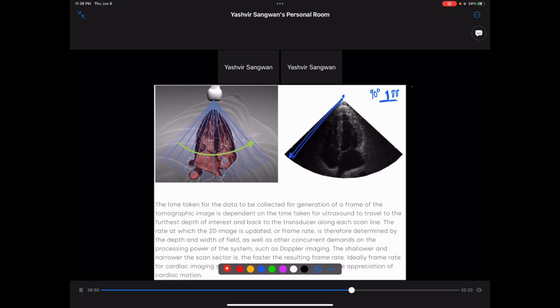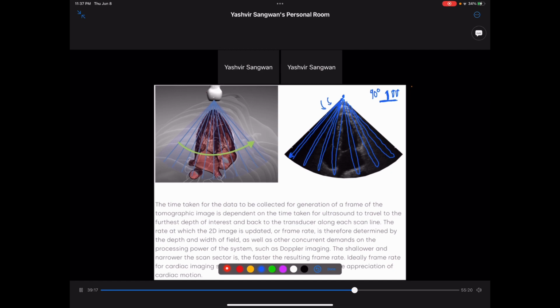Okay? Then it steers and sends another one. And then it steers and sends another one. And then it continues to do that until a whole sector image is created. Okay? So in order to have a frame, you get an image and then it starts doing it again. And then it starts doing it again. So one image is created over some time.